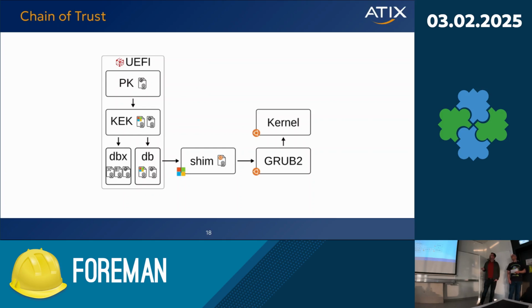And to not always need a firmware update, you simply have this shim here, because this needs to be signed once for every distribution. And with the actual certificate of the distribution vendor, you can then verify that you can use the bootloader and the kernel.